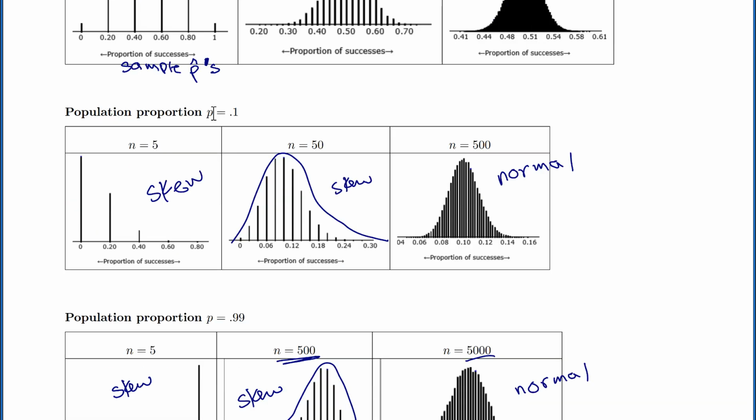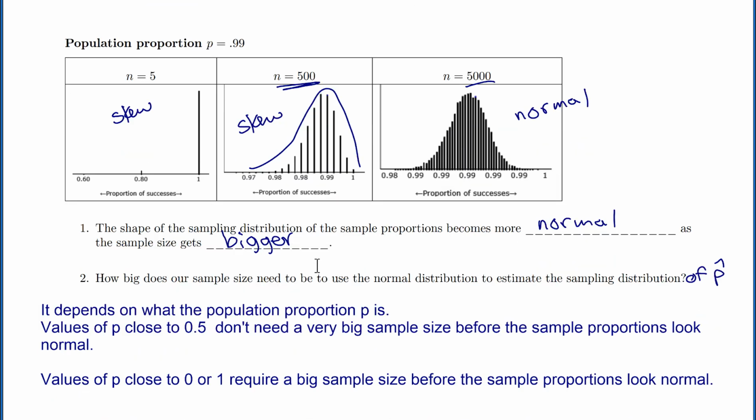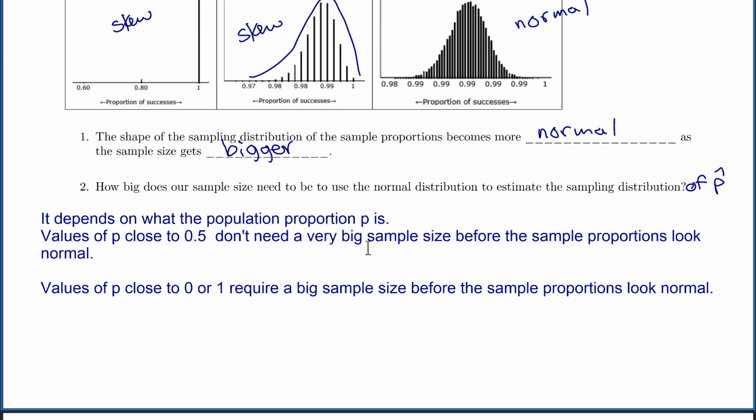But with a population proportion of p equals 0.1, we had to get a much bigger sample size, up at 500, when it looked really good, like a normal curve. If we had a population proportion of 0.99, I had to go all the way out to 5,000. Even 500 wasn't big enough. So it depends on what your original population proportion was.